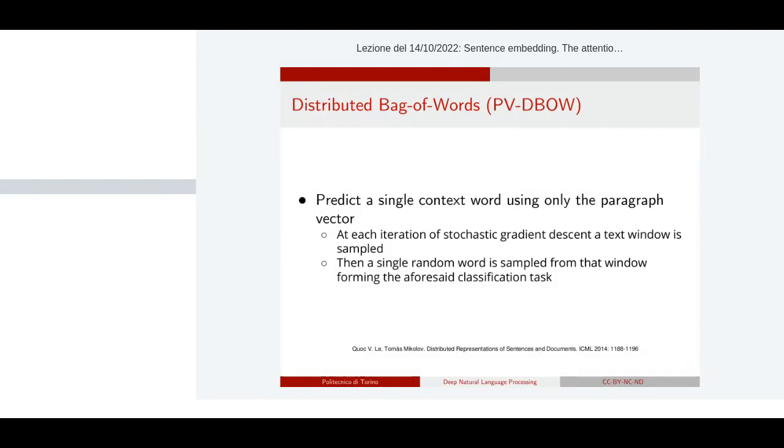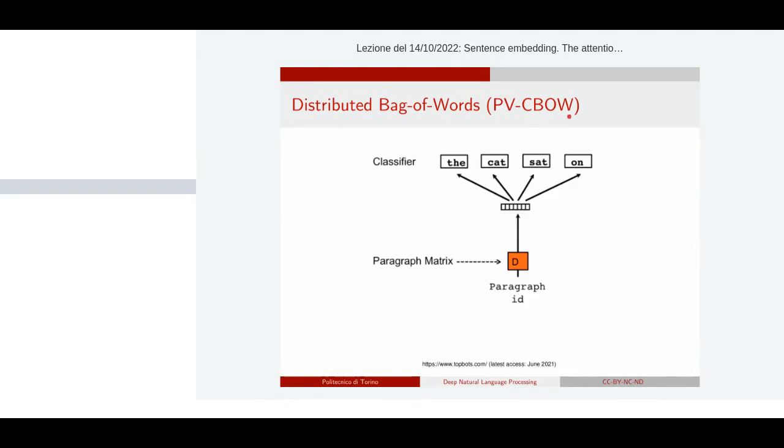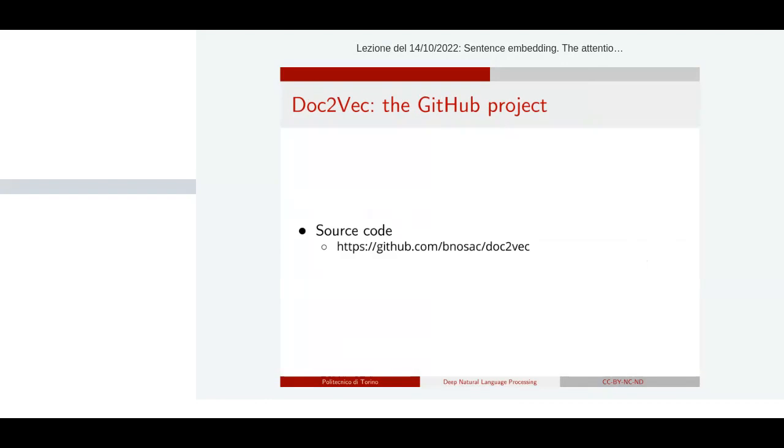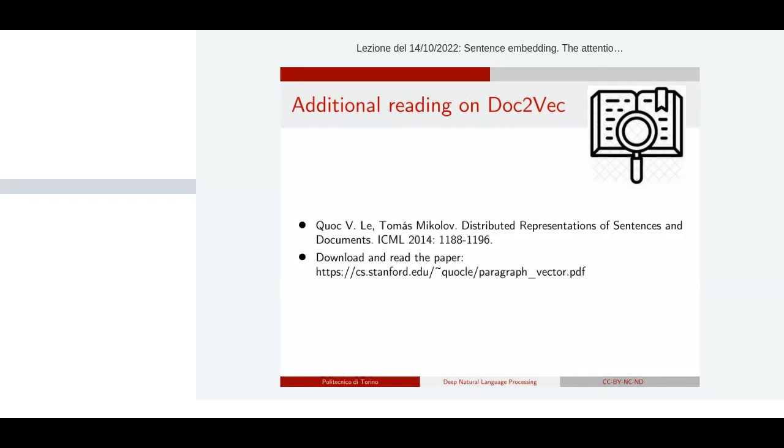And so what is the input? The input is the paragraph. The output is the context window. We don't actually generate all the possible cases, but you randomly pick some, just to avoid oversampling. This is just a technical detail to reduce the complexity of the learning process.